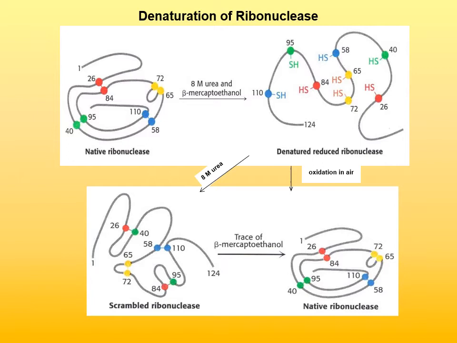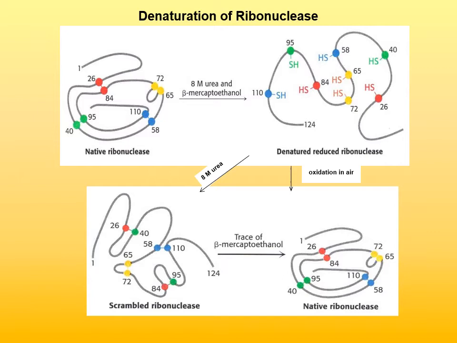On the other hand, if we only remove beta-mercaptoethanol from the solution and allow denatured ribonuclease to reform disulfide bonds upon oxidation in air in 8 molar urea, in the presence of denaturing agent that still interferes with intermolecular interactions, with hydrogen bonding, then random wrong disulfide bonds form and so-called scrambled ribonuclease forms.